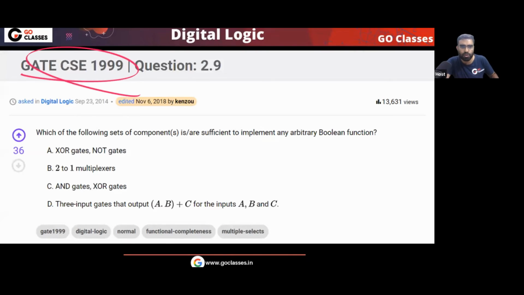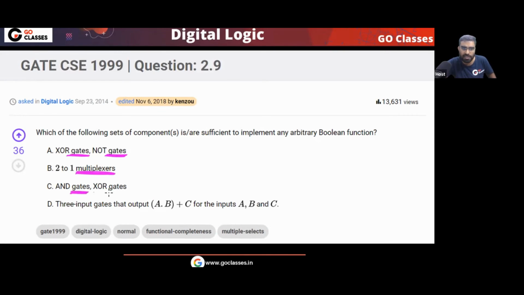This is your GATE computer science 1999 question. Tell me, is this related to digital circuits or related to Boolean functions? See this question and tell me. This is related to circuits.